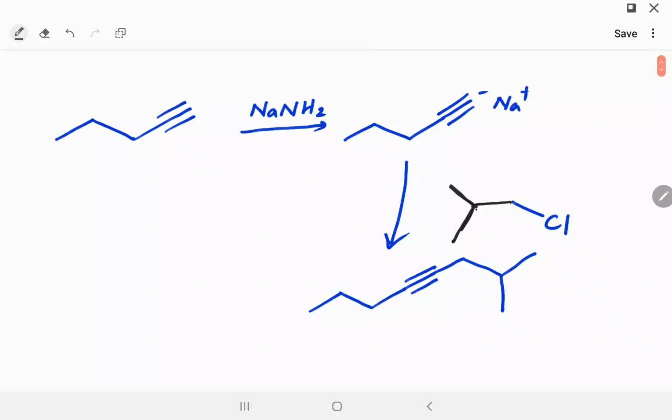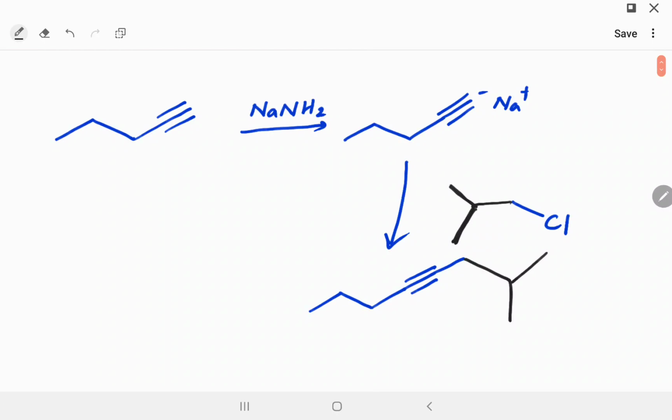You have an incoming R group like this, so it will be like this. If you want me to label the carbons, let's call this carbon number 1, 2, 3, and 3 dash. You have 4 carbons, so this will be number 1 carbon, this will be number 2 carbon, this will be 3 and 3 dash. Those are the carbons. I hope you understand it. That is how it happens.